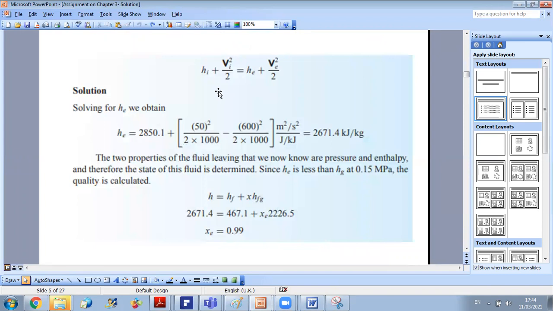So from the energy equation, I have h inlet plus V inlet square over 2 equals h outlet plus V exit square over 2. But remember that h inlet is not directly given, okay? They gave us information about the inlet state. From this information, I will get h at inlet, okay? So let us check how to get h at inlet.